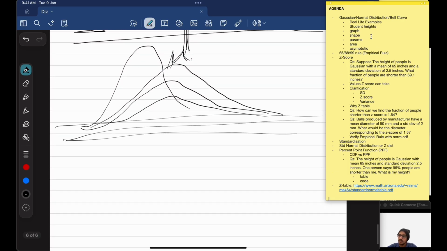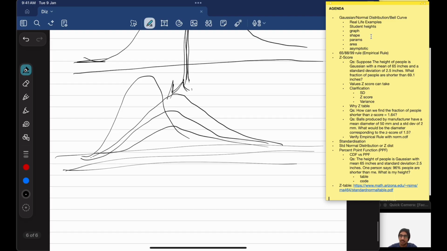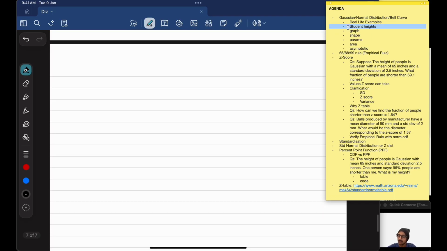Now, if I take the height of students, the students' heights will be anywhere between, let's say, 4 feet 9 inches to around 6 feet, or maybe let's just take 5 feet to 6 feet. Obviously heights are a continuous variable, right?